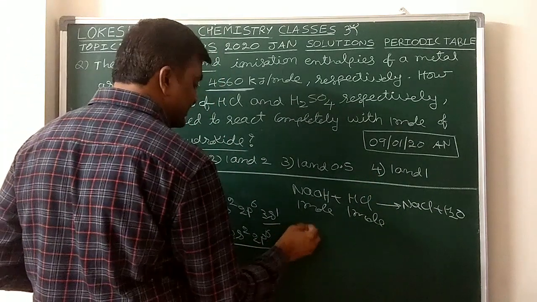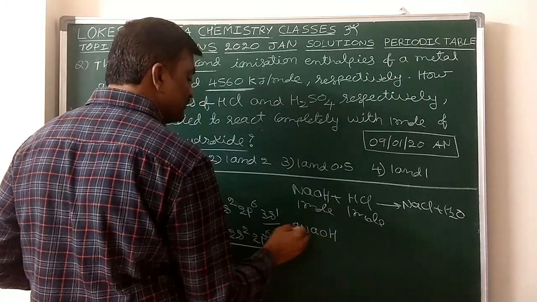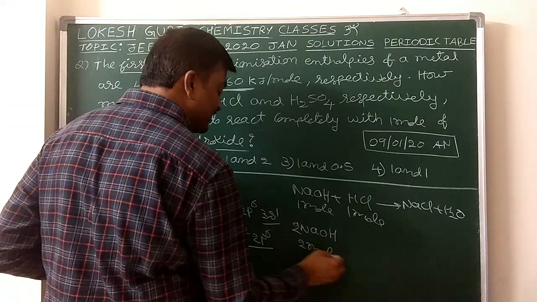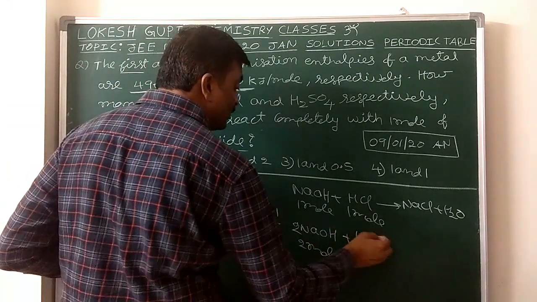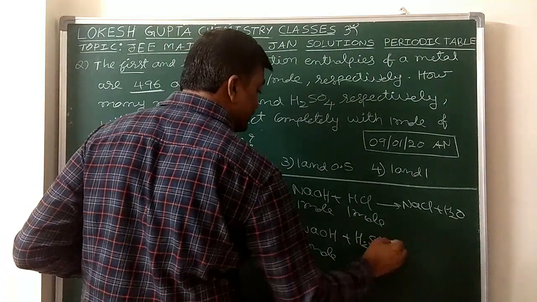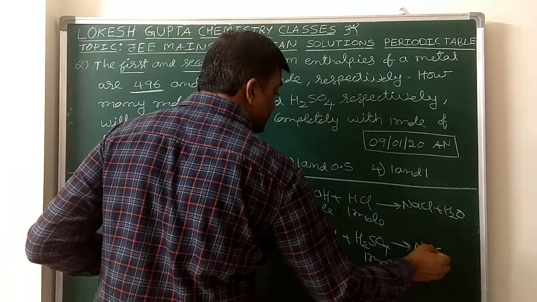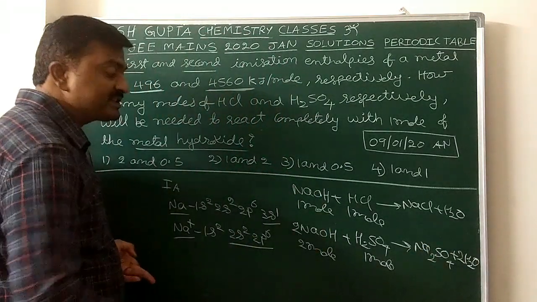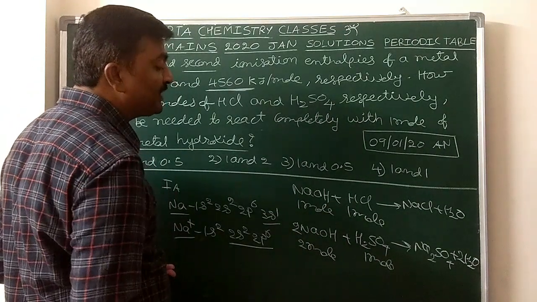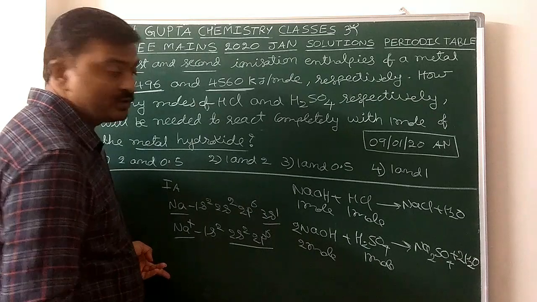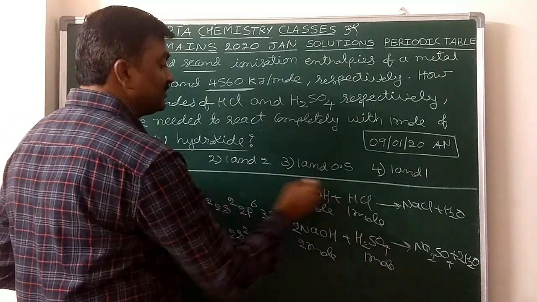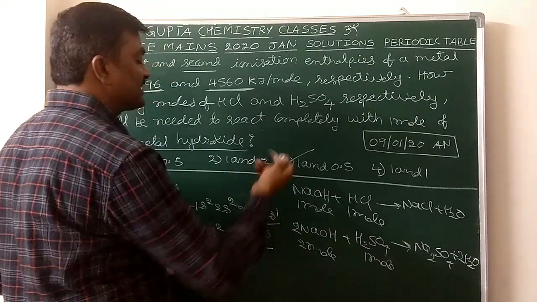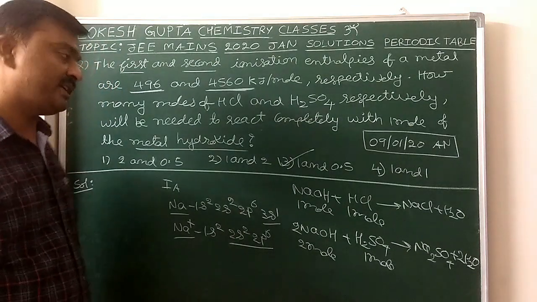But in case of sulfuric acid, 2 moles of this monoacidic base can react with 1 mole of sulfuric acid to form salt and water. So 1 mole of NaOH can react with 0.5 moles of sulfuric acid only. So 1 mole of NaOH can react with 1 mole HCl or 0.5 moles sulfuric acid. So the correct answer is the third option.